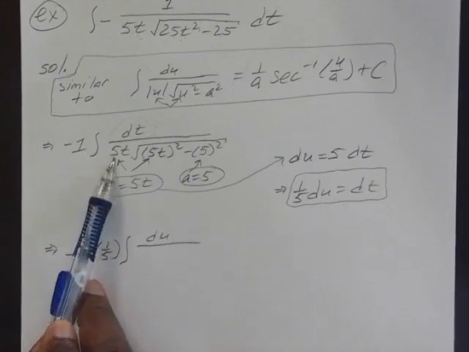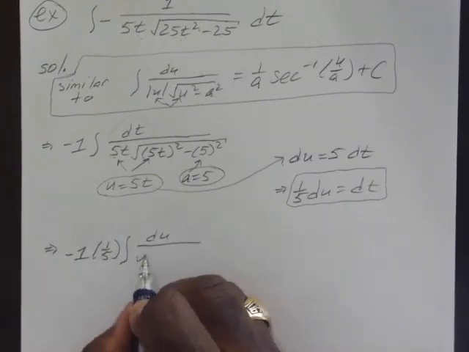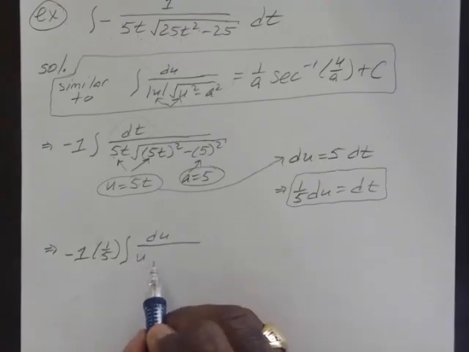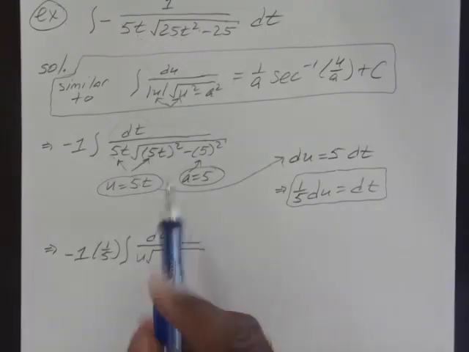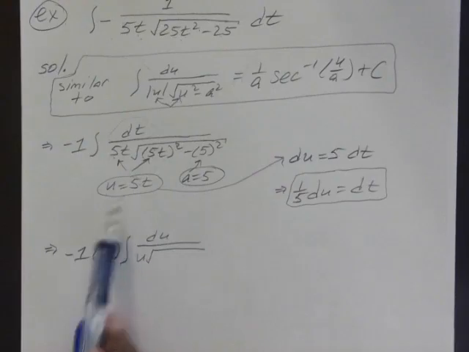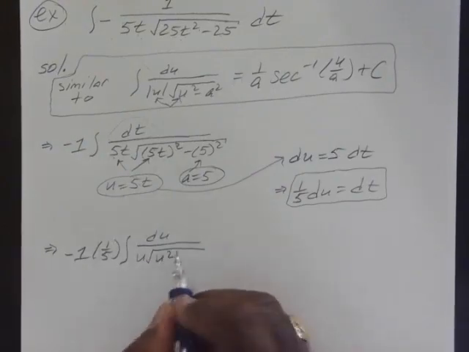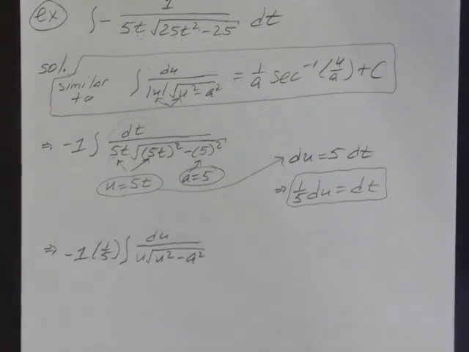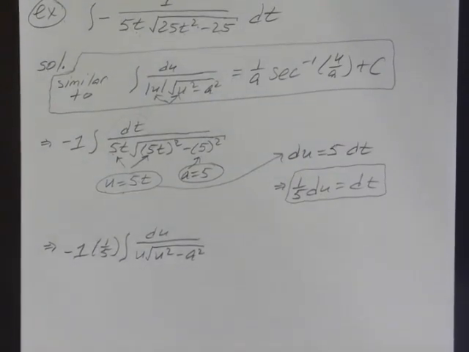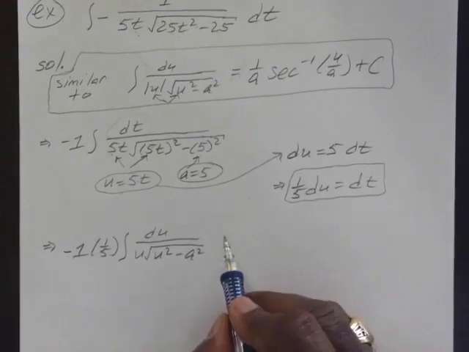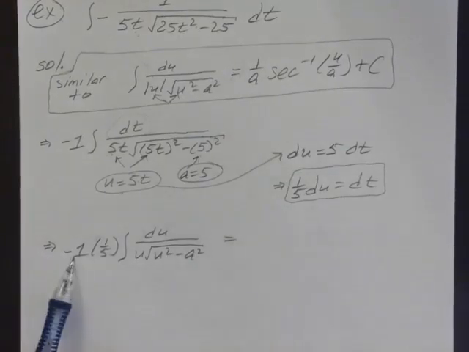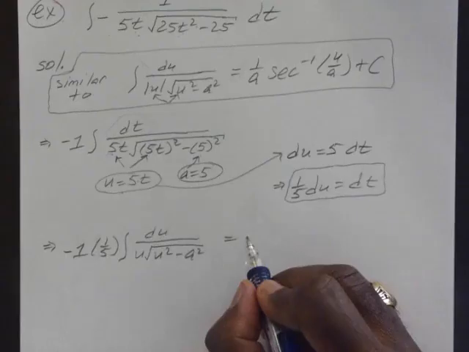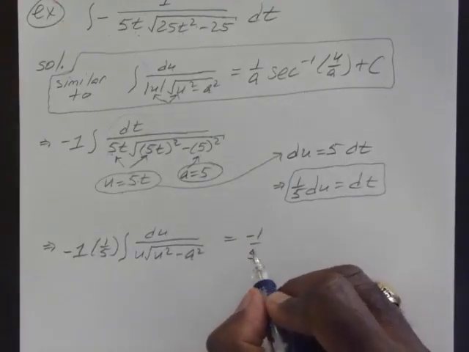Divided by 5t, which is our u, times the square root of 5t squared, so that's u squared, minus 5 squared, so that's minus a squared. Okay, so we know that that's going to equal that -1 times 1 over 5, that's -1/5.